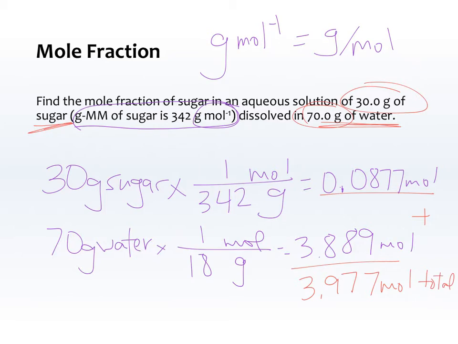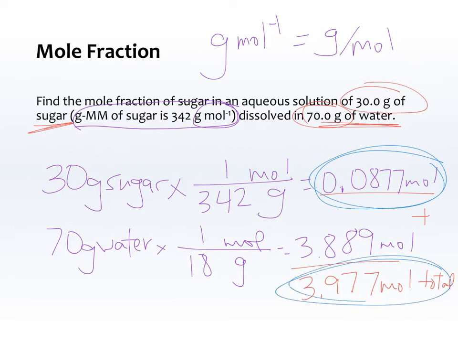So then mole fraction is going to be the part over the whole. So that'll be 0.0877 divided by 3.977. Type that in real fast.